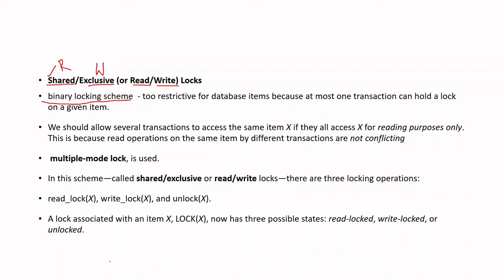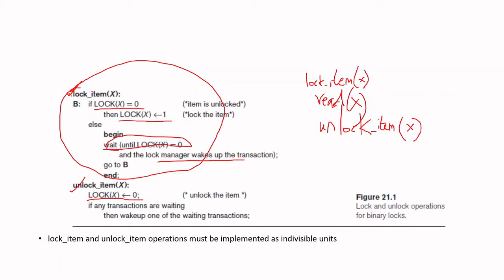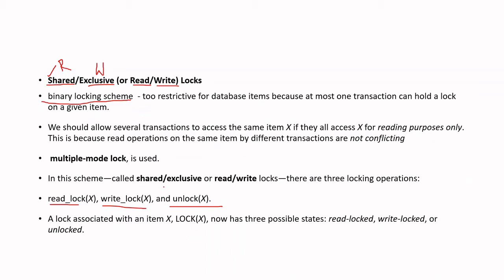In this mechanism you have three operations: a read lock, a write lock, and an unlock. In the case of binary lock, we had only two operations, lock item and unlock item. But here it is a shared lock in the case of read, so read lock and write lock are different.